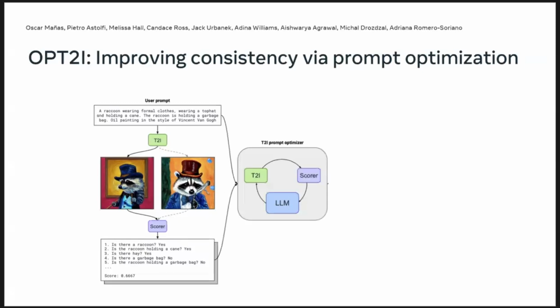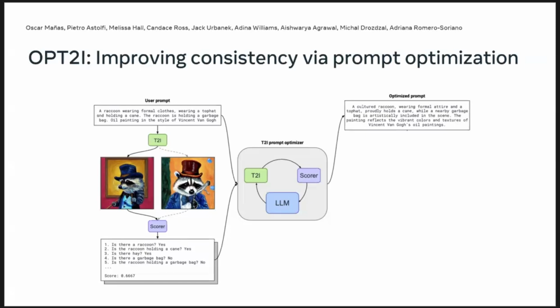And so now we have a pair of a prompt and a score related to consistency, and we can feed these pairs to a large language model that will try to rewrite the prompt in such a way that the text-to-image model, when prompted with the new prompt, would yield higher consistency images. And we can repeat this process a few times, and this allows us to gather more and more examples to be shown to the large language model in order to optimize the final prompt.